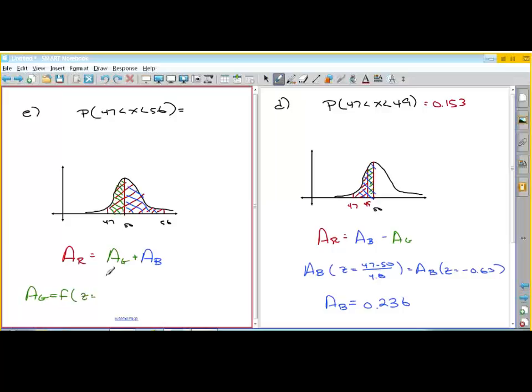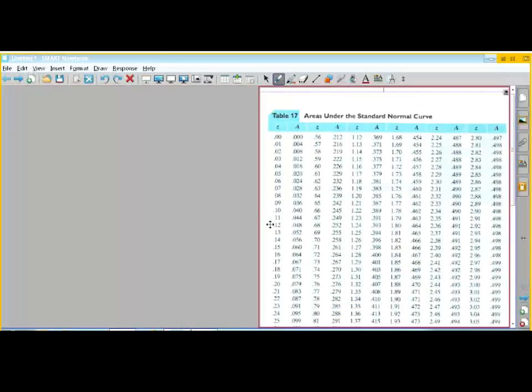The green area is a function of the z-score, and it uses the value 47, so we take 47 minus 50 divided by the standard deviation of 4.8. The corresponding z-score is negative 3 divided by 4.8, which is negative 0.63.